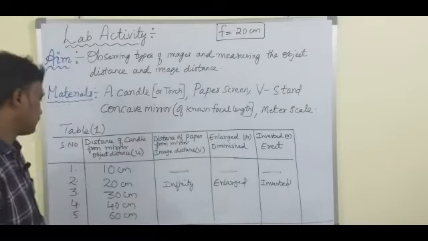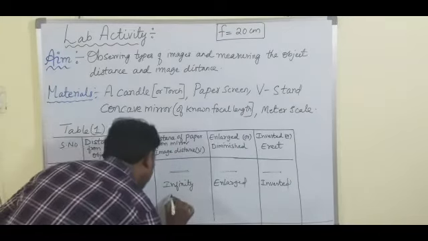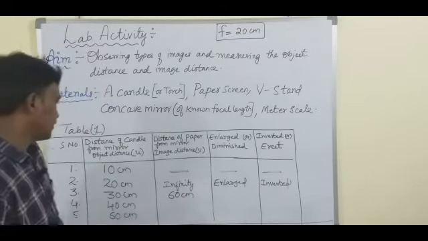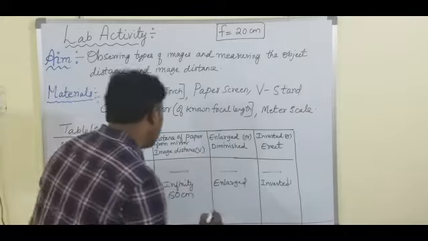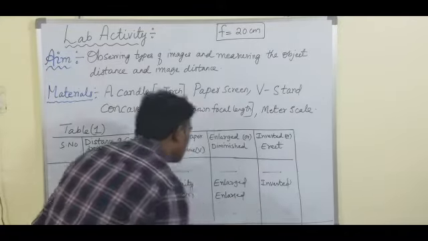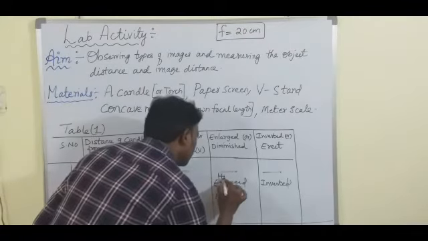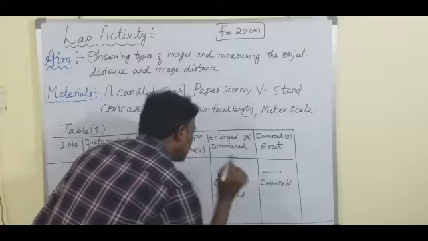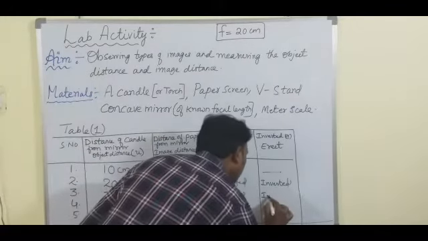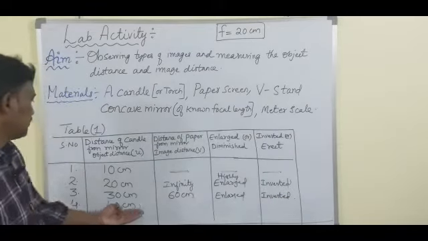Now coming to 30 centimeters, I got the image at 60 centimeters. The image distance was 60 centimeters, and it was enlarged. What is the difference between these two? It is highly enlarged here. This is enlarged and it is inverted. And coming to 40 centimeters.